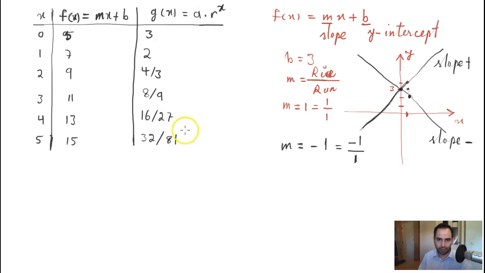Basically, if a function g of x is equal to a times r raised to the power x, a is basically the same thing as your b here. So b tells you where your y-intercept is, or where the graph of the function goes through the y-axis.